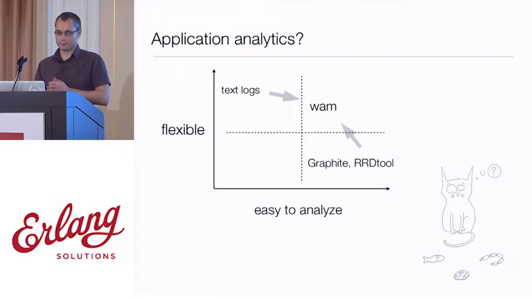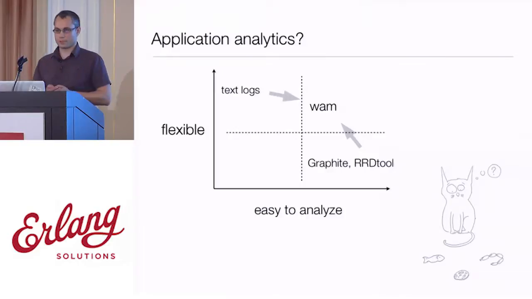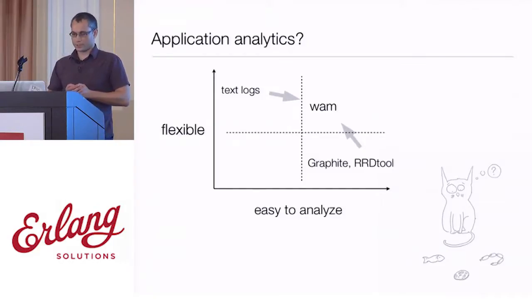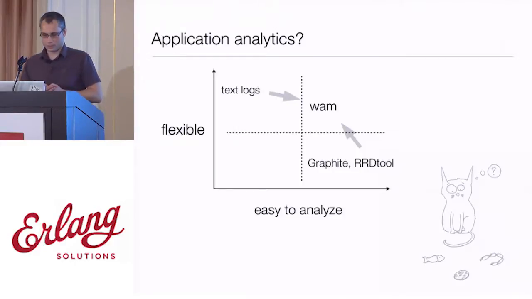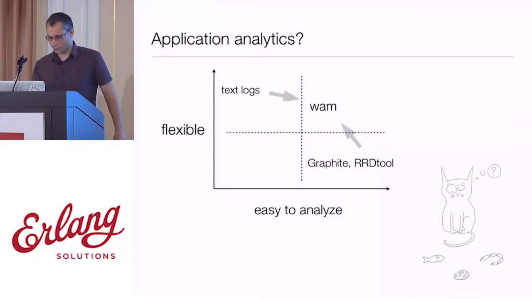Printf-style text logs, on the other hand, you can log anything. They're extremely flexible in terms of what they can represent, but getting data out of text logs is a major pain. It really doesn't scale. Using tools like grep and Perl doesn't scale past a certain point. Yet it's still valuable to look at text logs sometimes with the bare eye.